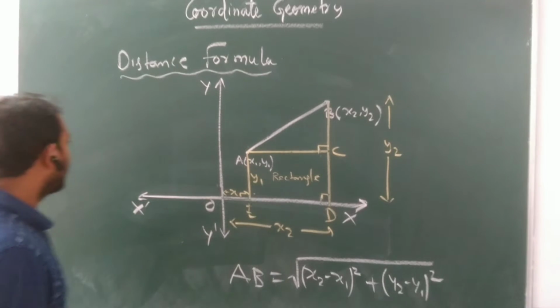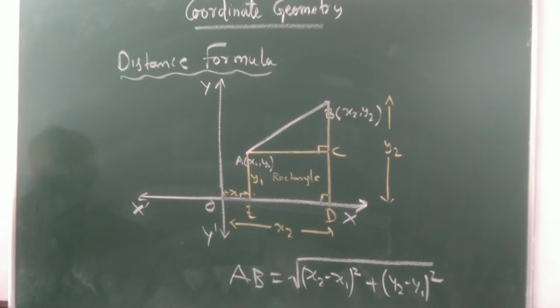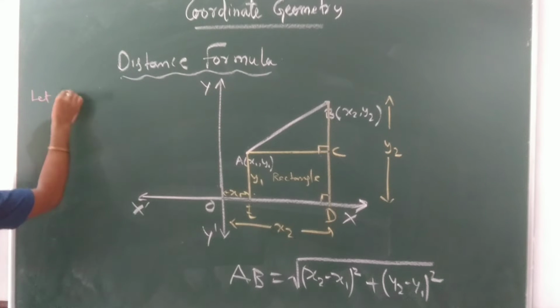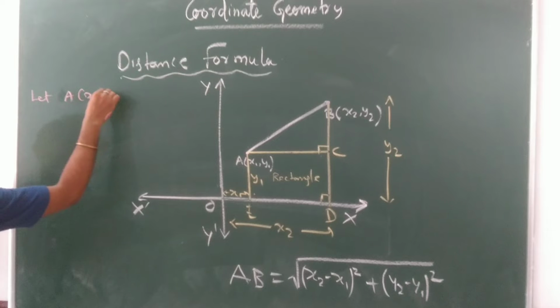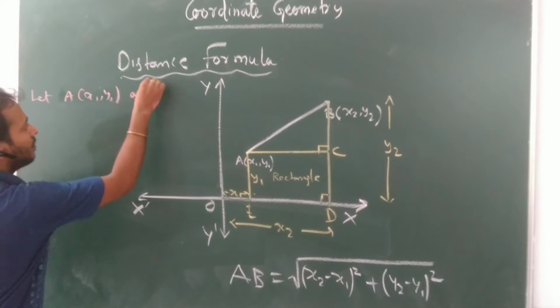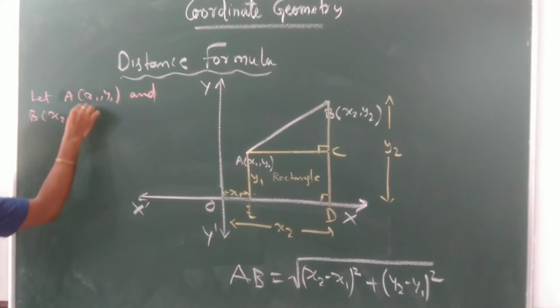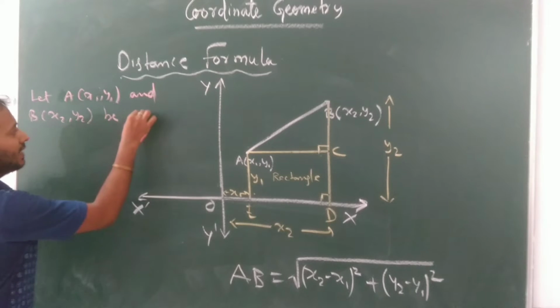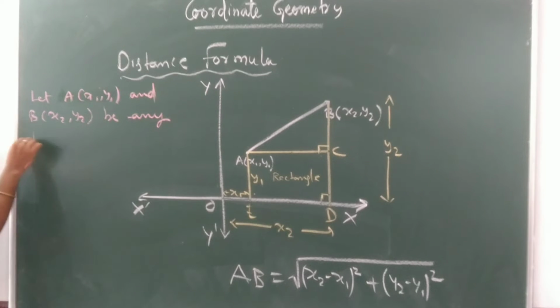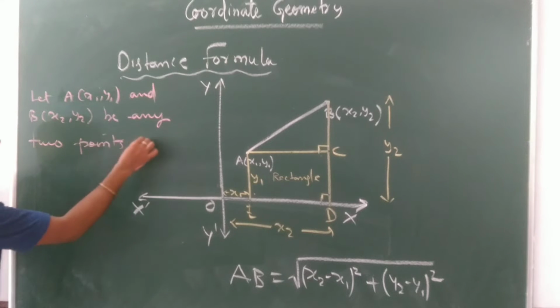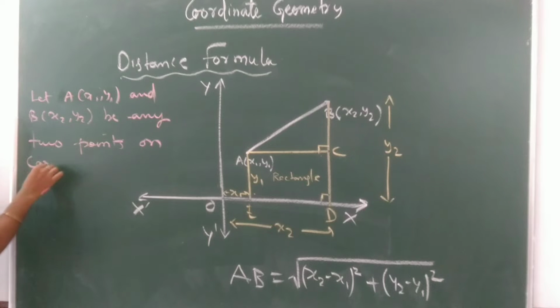Okay, let's start. Let A (x1, y1) and B (x2, y2) be any two points on the Cartesian plane.